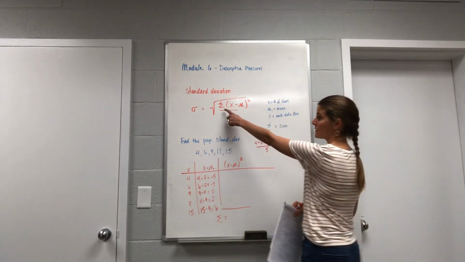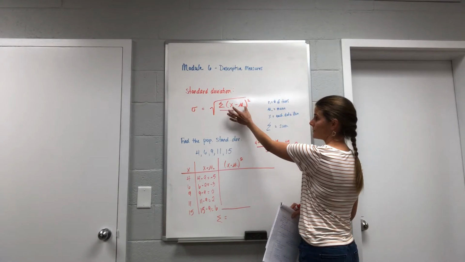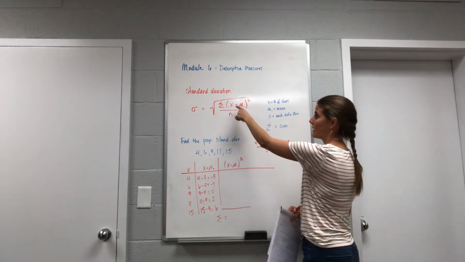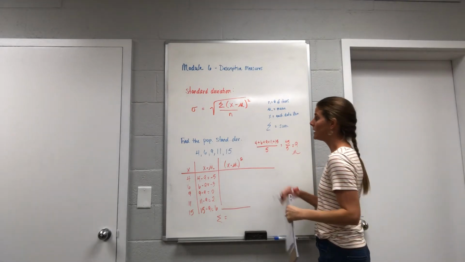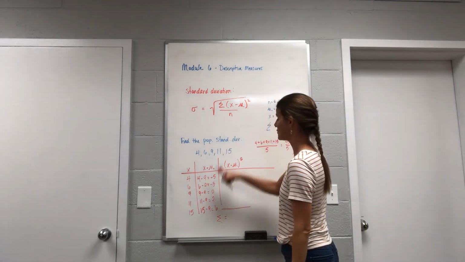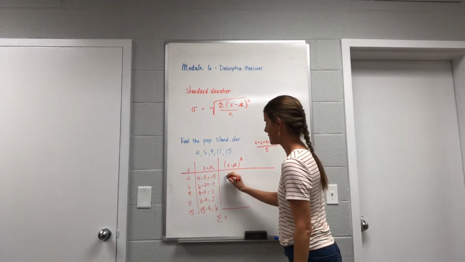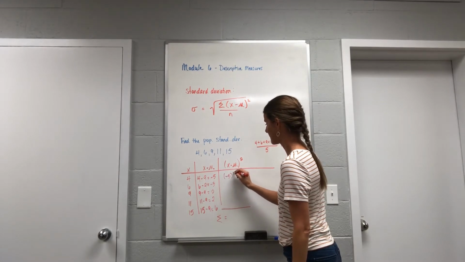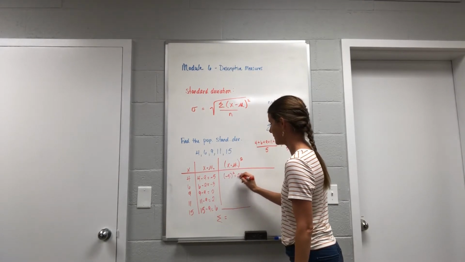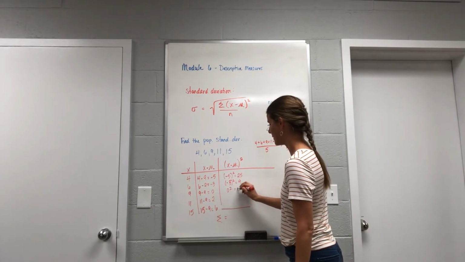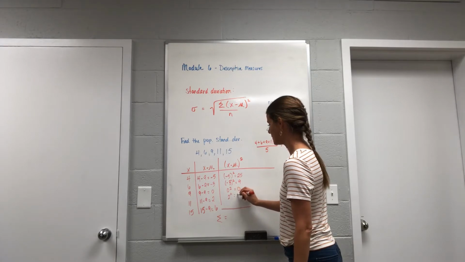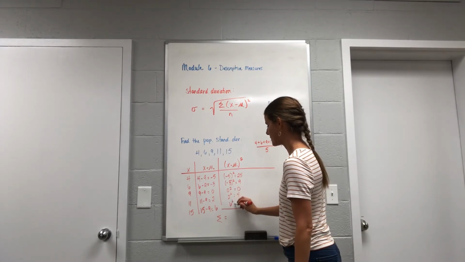Again, we're taking the sum of all of the x minus mu squared. So we need to find x minus mu, square them, and then take the sum of all of that. The x minus mu squared values are just what we got here. Negative 5 squared is 25, negative 3 squared is 9, 0 squared is 0, 2 squared is 4, and 6 squared is 36.